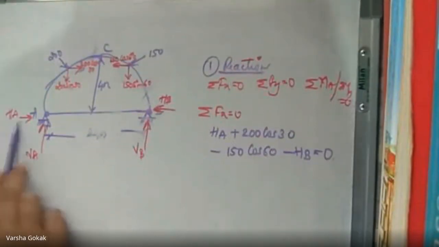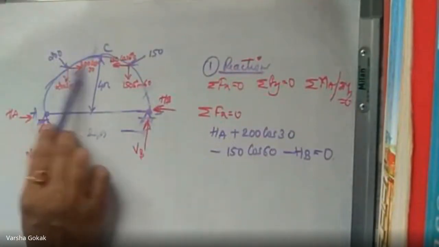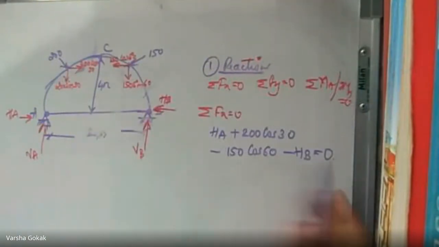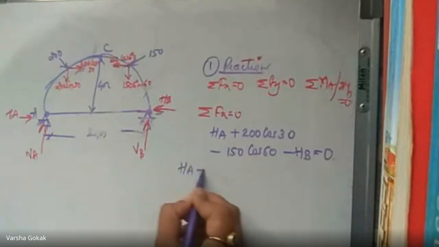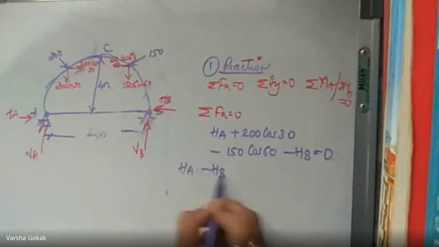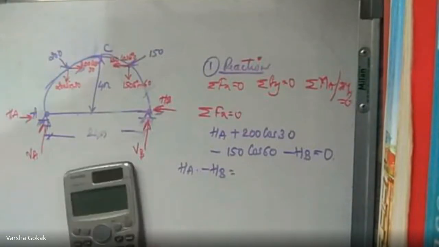Correct? HA is plus, 200 cos 30 is plus, 150 cos of 60 is minus, equal to 0. So I'll have the condition HA minus HB equal to, get me this value please. So 98.205.